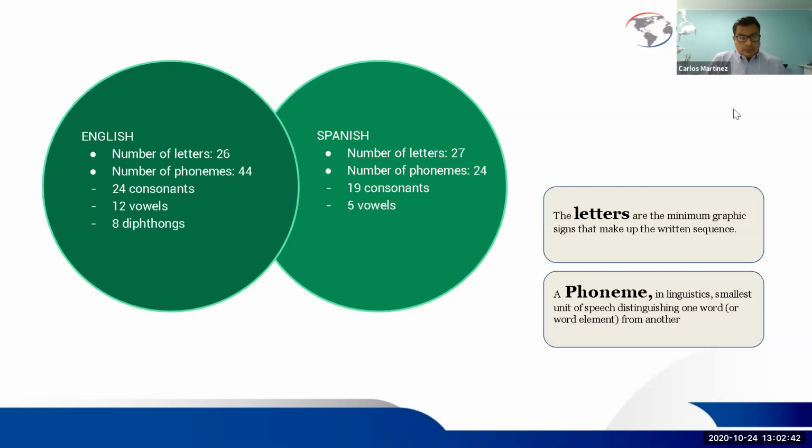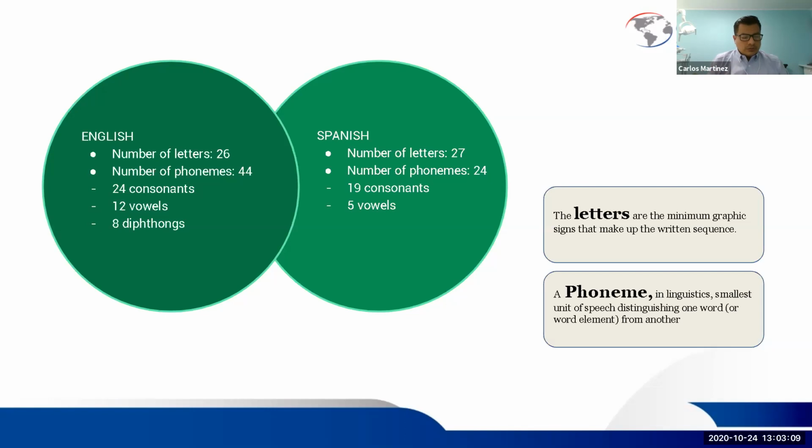Of these 44 phonemes, 24 are consonants and 20 are vowels, whereas in Spanish, 19 belong to consonants and 5 to vowels. So notice the difference, right? In Spanish and in English, we have 5 vowel letters, A, E, I, O, U. But in English, each one has a short sound and a long sound.